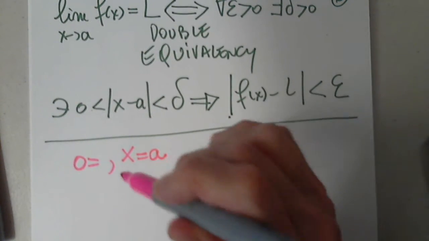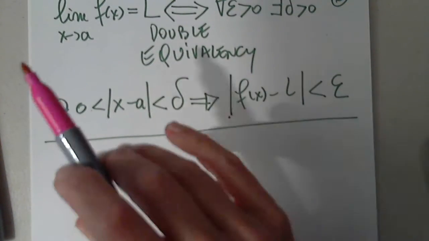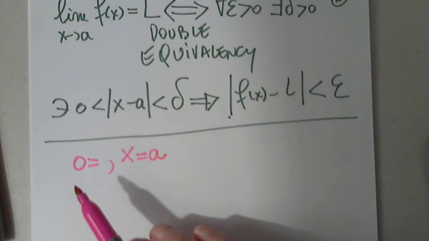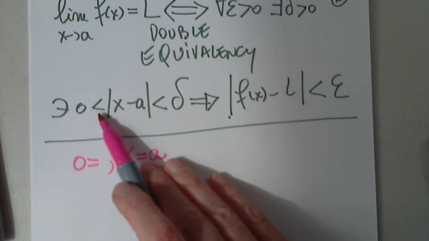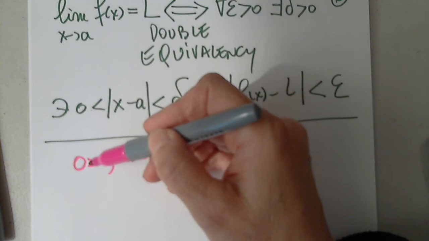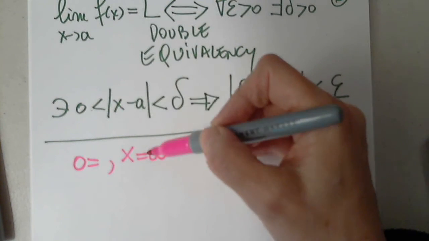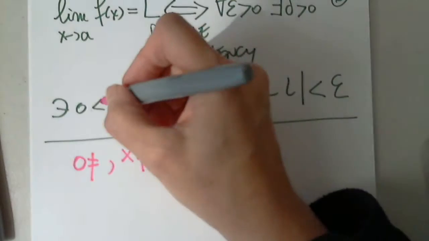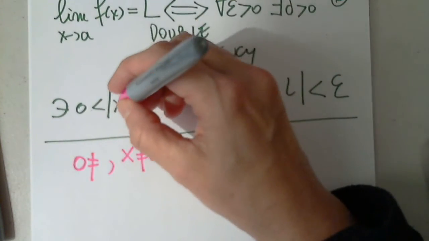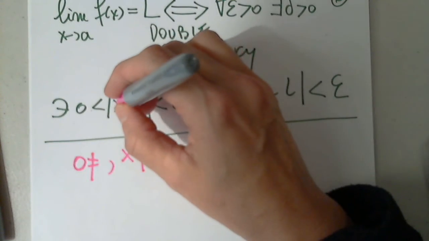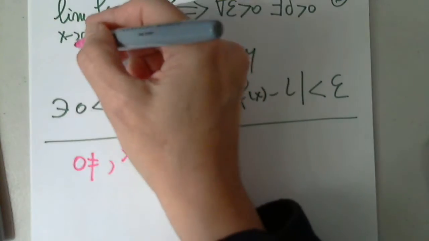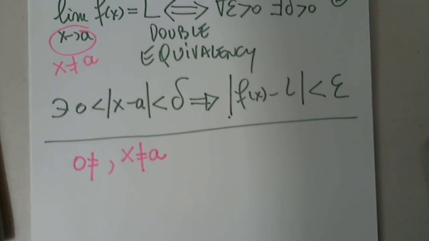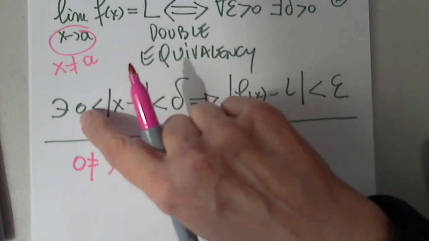I can never replace x by a because x approaches a. So in other words, this can never equal 0, because x will never equal a. So that's all it means. This specification says I cannot pick x to be a, because we know that this symbol means automatically x not equal a. So that's what this is for.